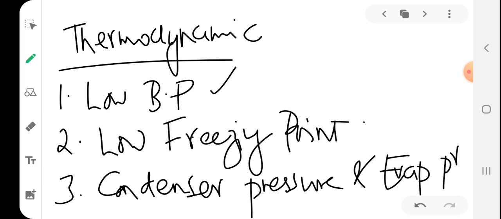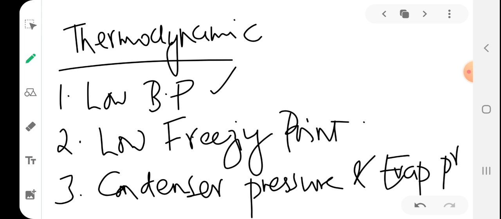Too high evaporating and condenser pressure is also not desirable because it will cause the compressor to become larger in size. Too high is not desirable, too low is not desirable. So it should be close to atmospheric pressure but a little bit higher.